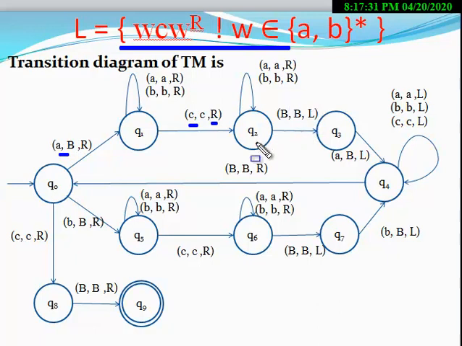As soon as the tape symbol capital B, that is the blank symbol B, appears, that is, the machine goes to the right side, then the machine changes its state from Q2 to Q3. Now the state is changed, right? And the machine moves in the left direction, and the blank symbol is not changed, right? Here the machine moves in the right direction, but here the machine moves in the left direction.